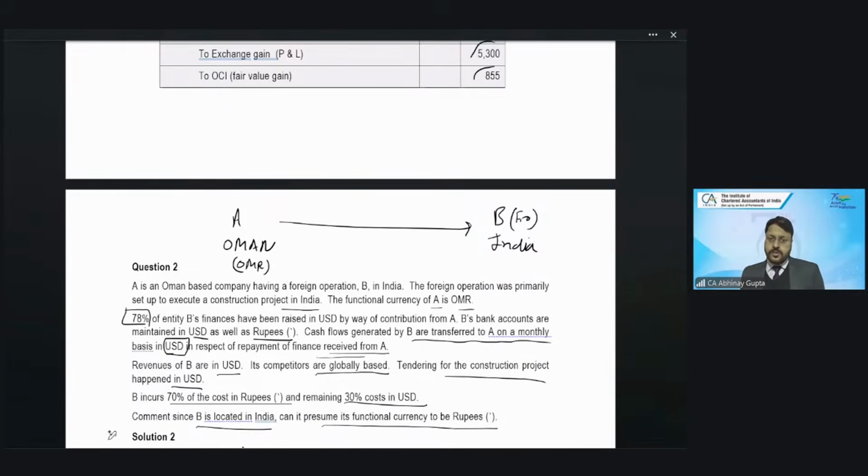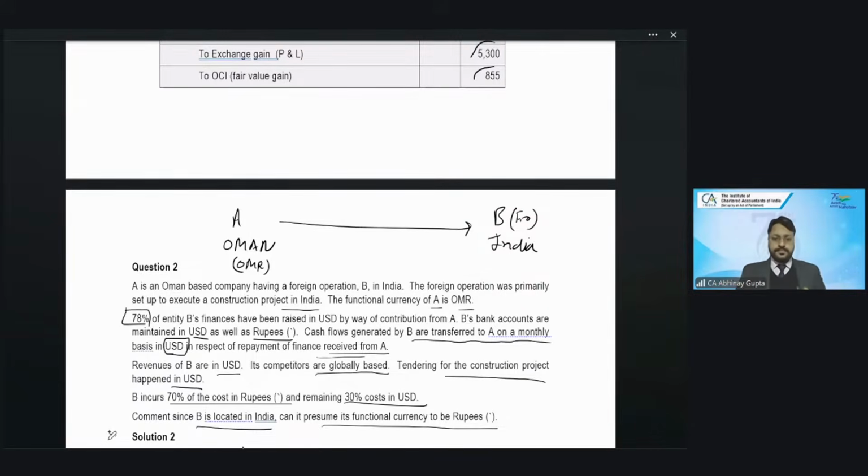And also the cost incurred is 70% in INR, only 30% cost is in USD. And also the secondary condition, if you look at that, the finance raised is in the USD only, that is 78 percent, and it also retained the cash in the USD only, only a partial amount in INR. Okay. So considering this fact, the functional currency will be USD.